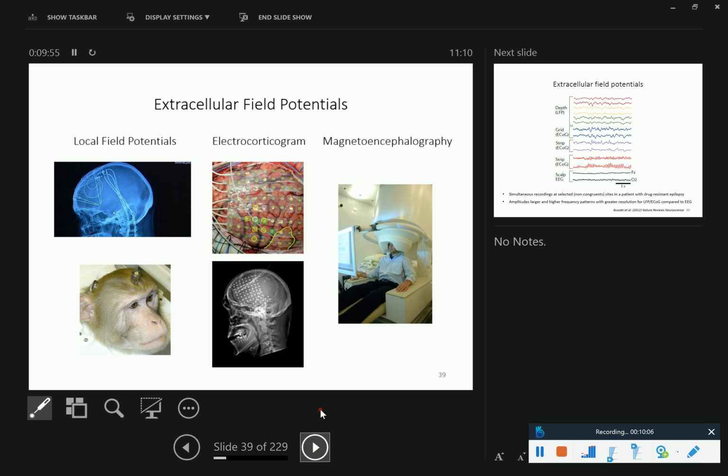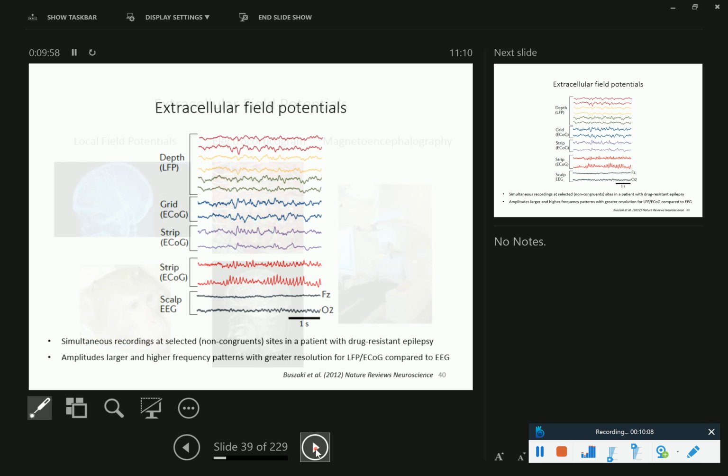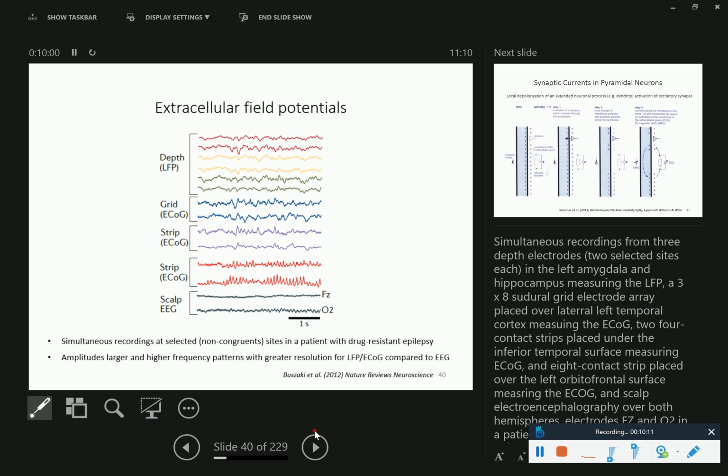Maybe I go back to this picture in a second, but this concept that I'm telling you about is based on this Buzsáki 2012 Nature Reviews Neuroscience review, which is very nice and makes this point very clear.